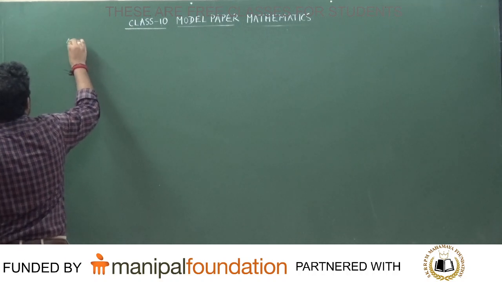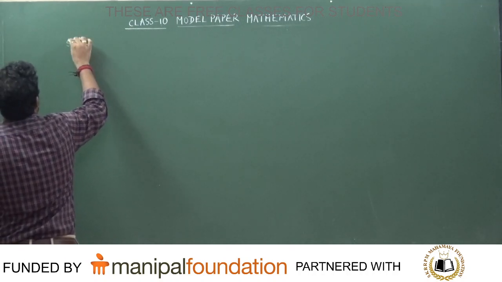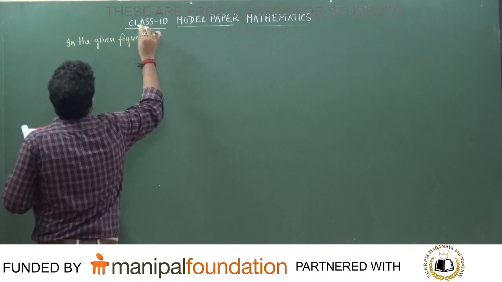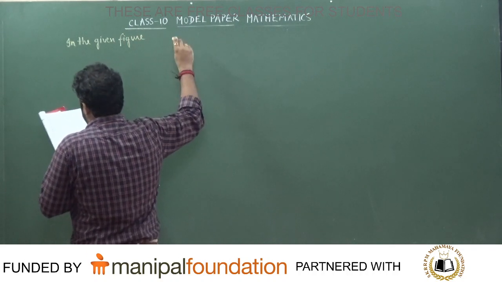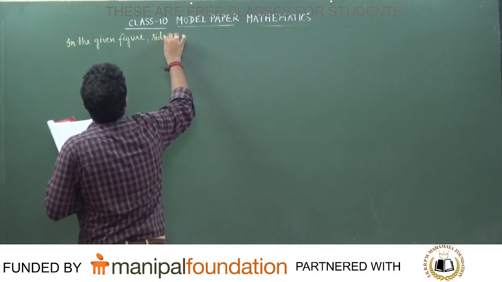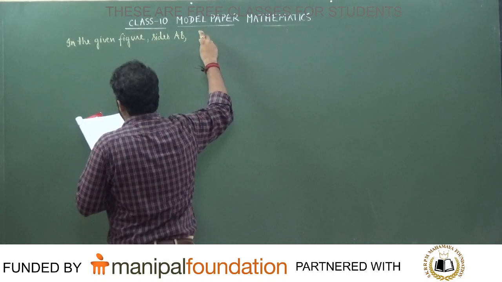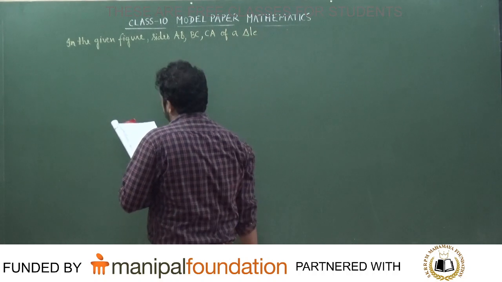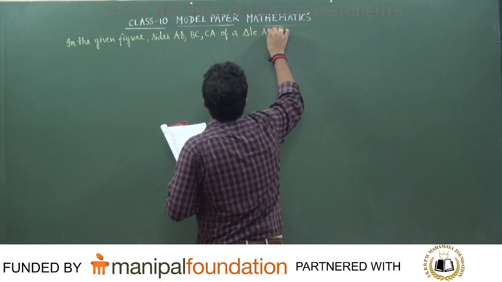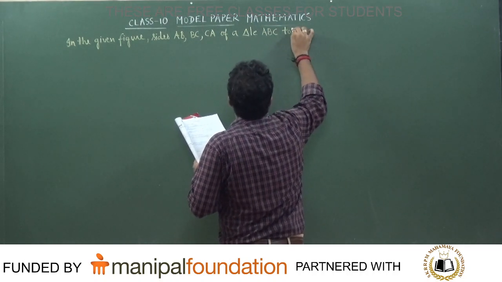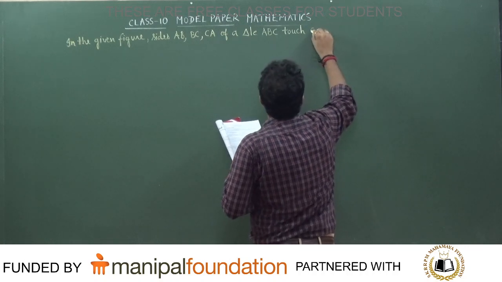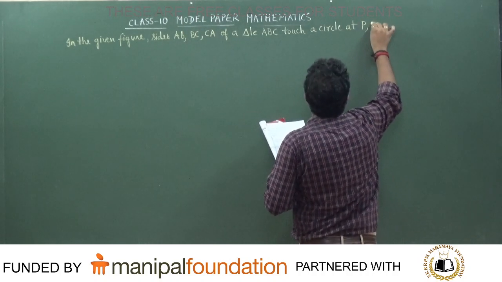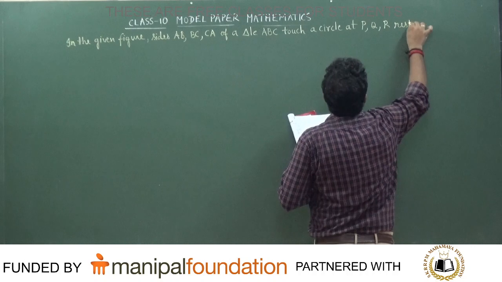In the given figure, write the question, all of you. In the given figure, the sides AB, BC, CA of a triangle ABC touch a circle at P, Q, R respectively.